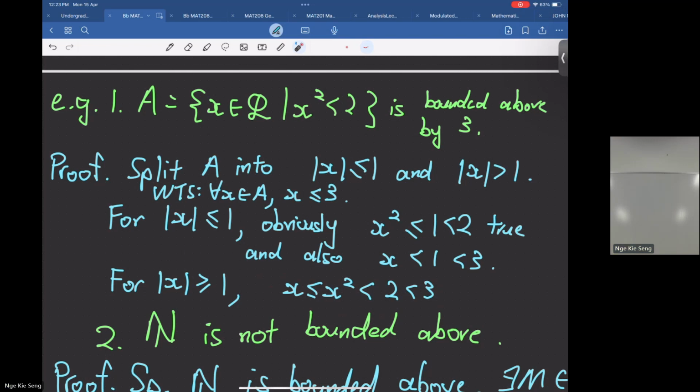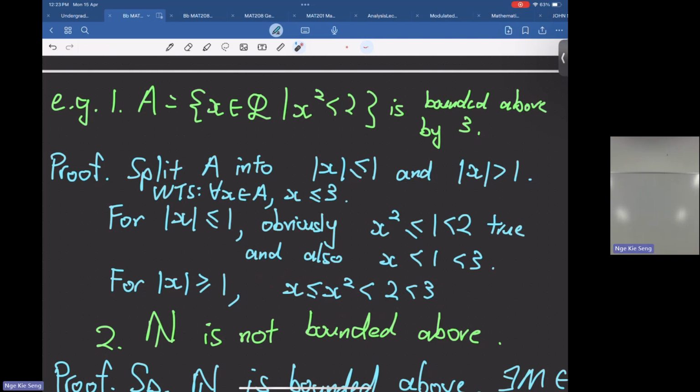Okay? So can you notice something here? This 3 seems not unique. You mean we can take a smaller bound, right? Can we take a smaller bound than 3 or not?